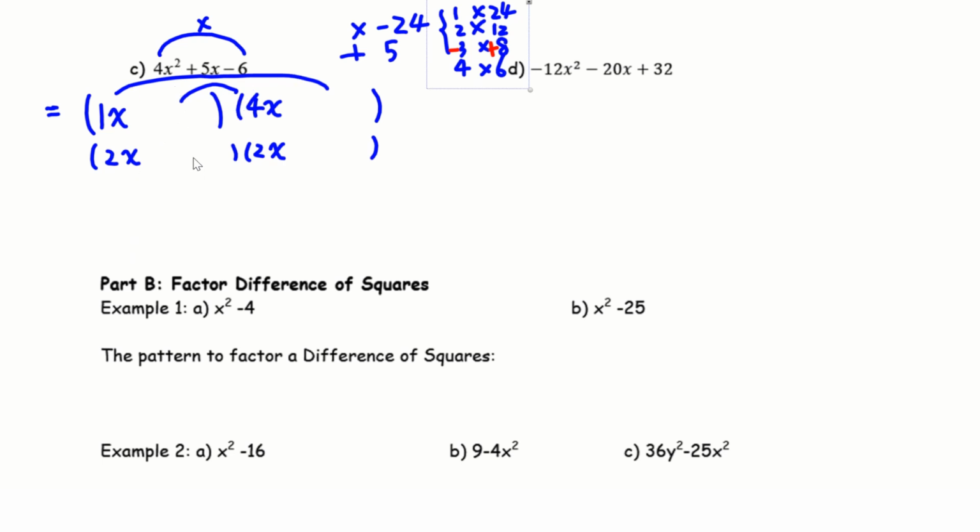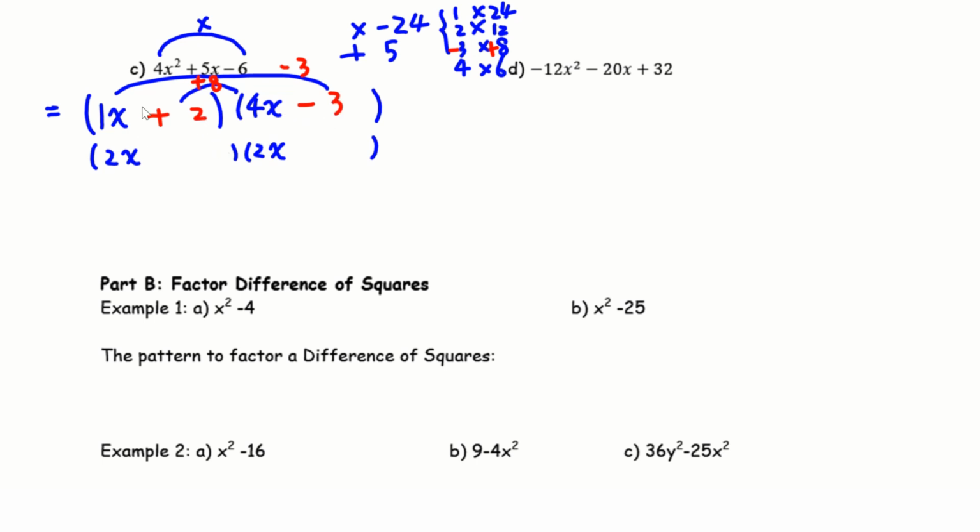So this one, we couldn't put a negative 3 here. Something times 4 won't give you negative 3. So we need to put positive 8 here, and this one is negative 3. So which number times 4 gives you 8 is 2. Which number times 1 gives you negative 3 is negative 3.